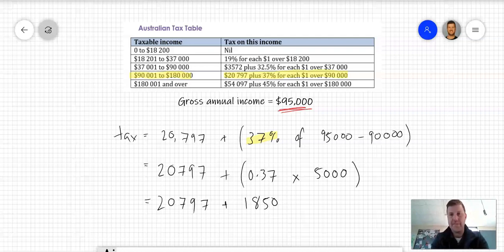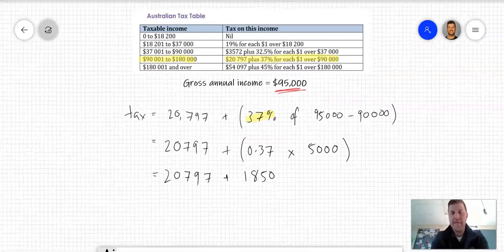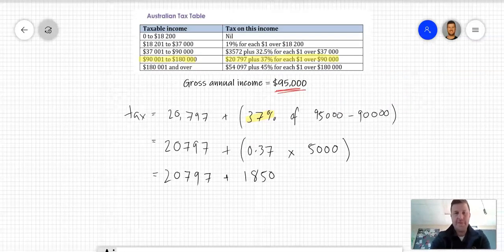So we're going to add those two amounts together, and that's how much tax you pay on an annual income of $95,000. Again, I've already done that. It's $22,647, which seems like a lot of money. So that's the amount of tax you would have to pay over the course of the financial year on an income of $95,000.